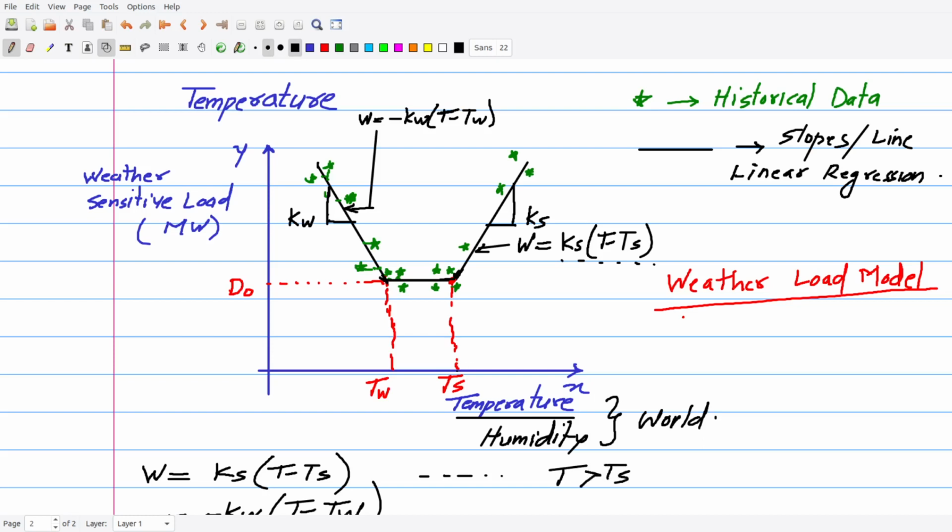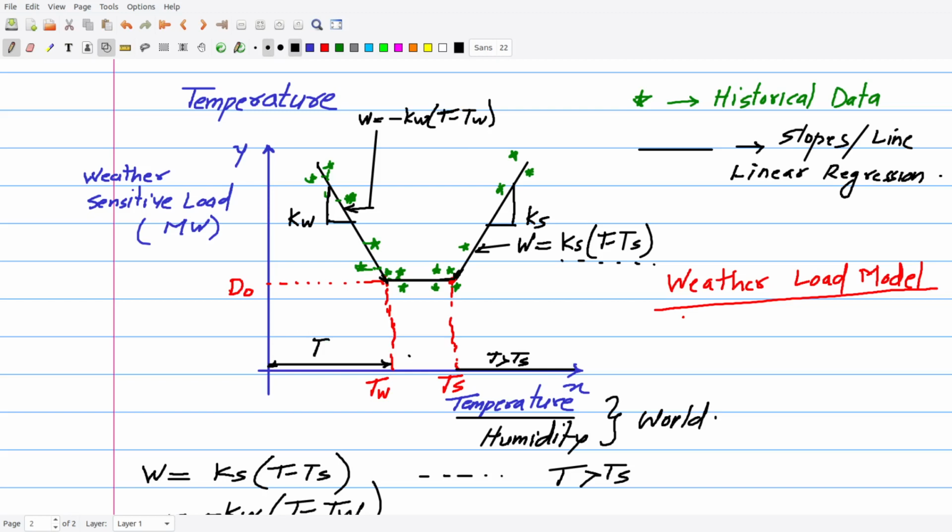So that means this area from this point to this point, your T is greater than Ts. For this area, this point to this point, we have written the equation minus Kw into T minus Tw. How do you get this? You can use the y equal to mx plus c type of formula, you will get the answer.